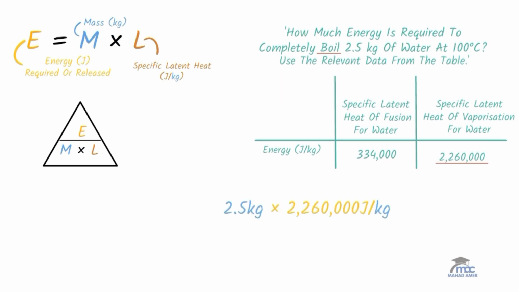The mass of the substance is 2.5 kg, and since we are boiling the liquid, we will use the specific latent heat of vaporization. By multiplying these two figures together, we get the product, that is our answer, 5,650 kilojoules. Thank you.